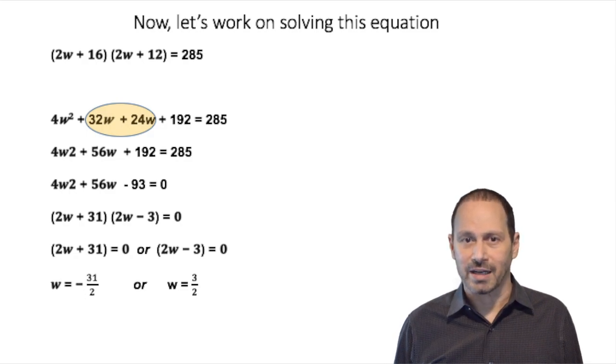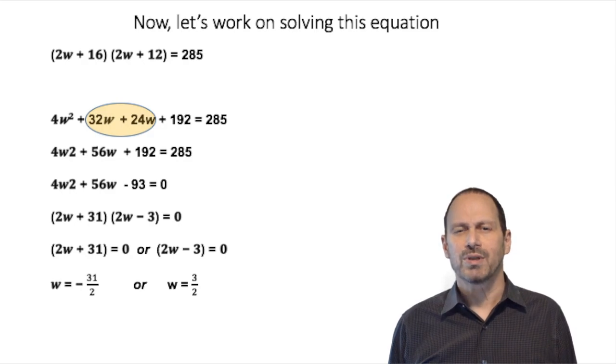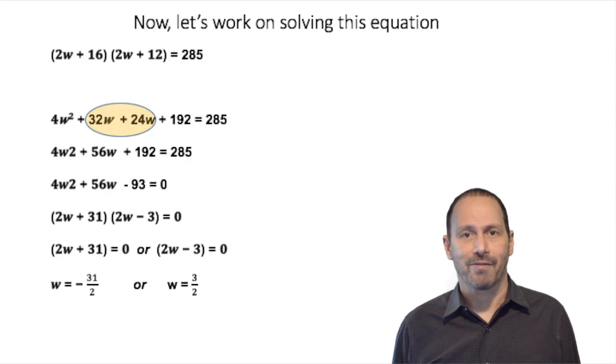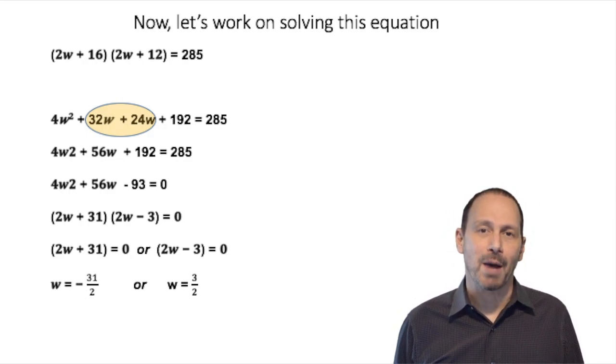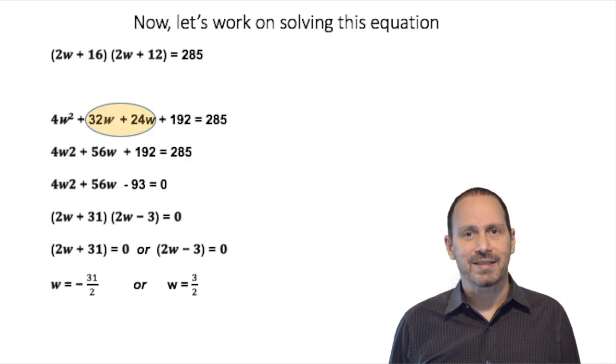On the other hand, if 2W minus 3 is equal to 0, then we get that W is equal to 3 over 2.